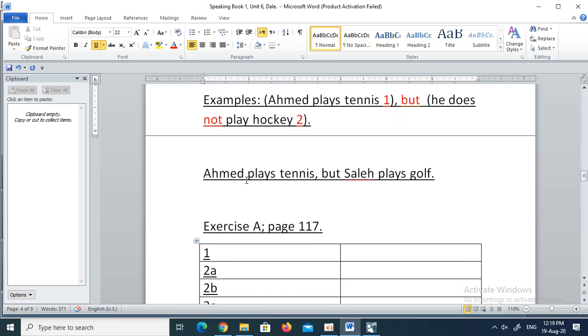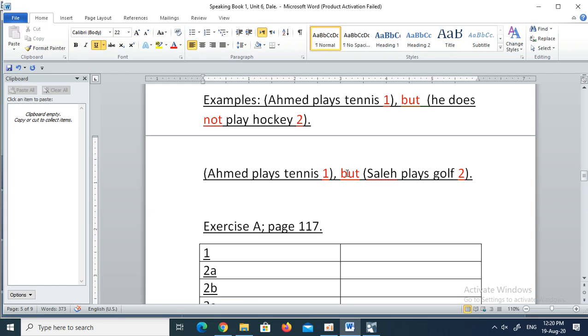If I use another example, Ahmed plays tennis, but Sadi plays golf. Again, we have but as our conjunction. We have clause number 1, and we have clause number 2, Sadi plays golf.